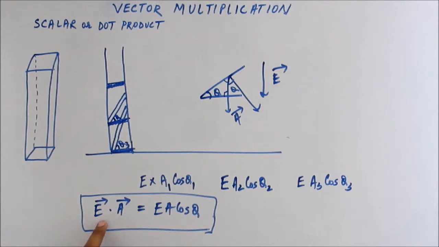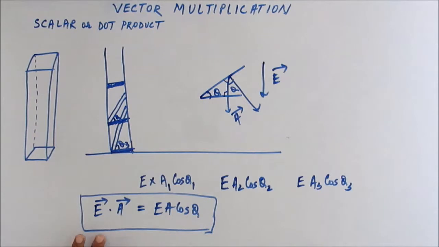In this case, E vector dot A vector is E into A cos theta. So now you have a formula for the total energy being radiated on a surface. That formula is E vector dot A vector, which is Ea cos theta. If you know the angle between the energy vector and the area vector, and you know the magnitudes of the energy per unit area vector and the area vector, then you can find the total energy.